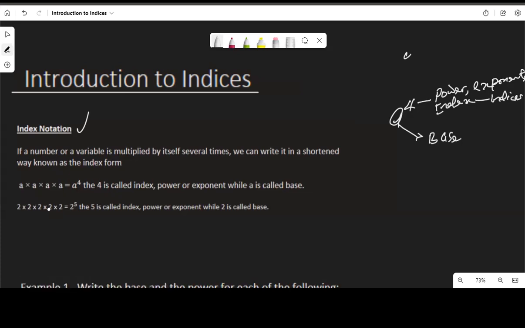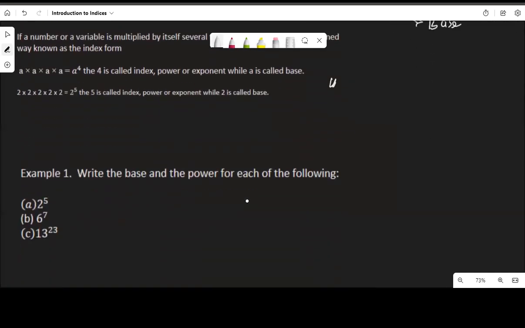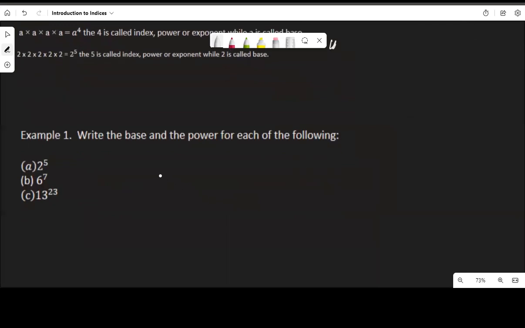So if we have the expanded form, we can write it in index form. Also, if we have index form, we can write it in expanded form. The following example will show us how to do that. The first one says, write the base and the power for each of the following.